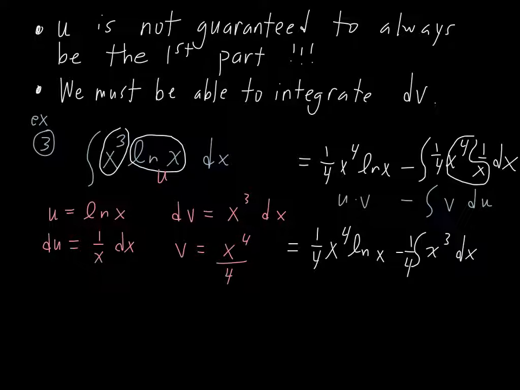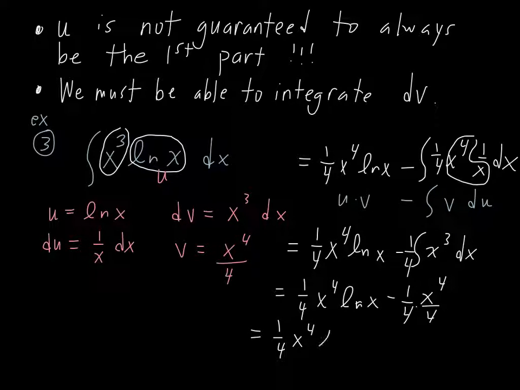Okay, so we have 1 over 4 x to the 4th ln of x, and then from there minus 1 over 4, and then we're going to now integrate x cubed, so that's x to the 4th over 4, and from there we have 1 over 4 x to the 4th ln of x minus, turn that into 1 over 16 x to the 4th, and then plus c.